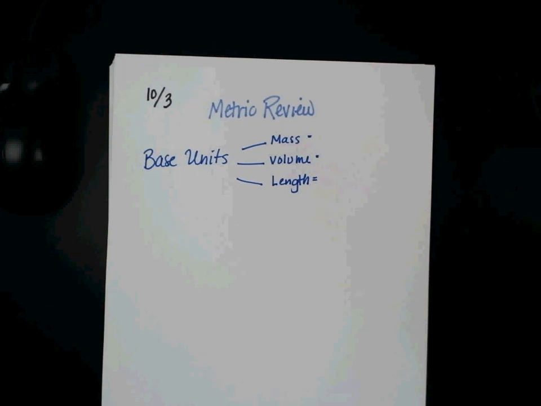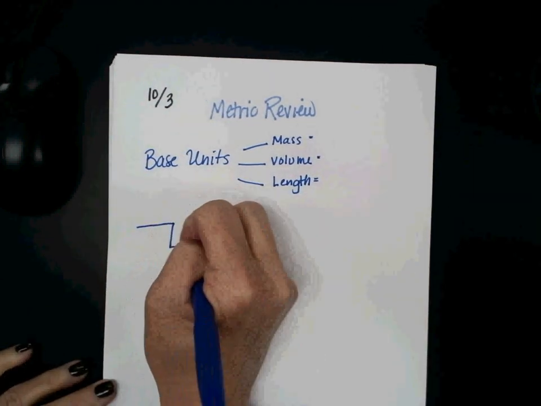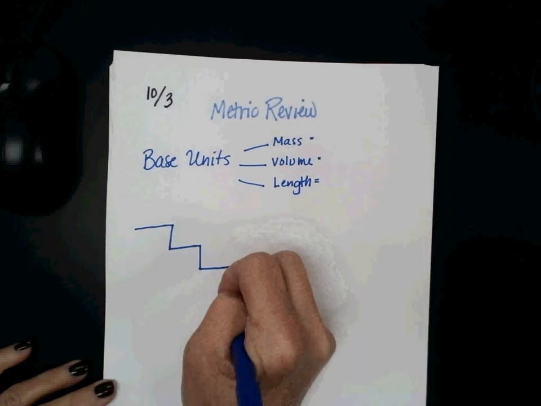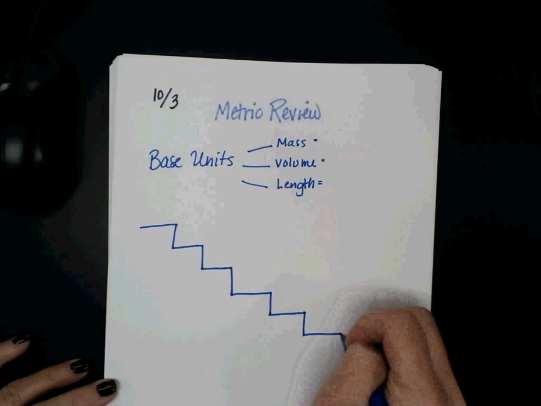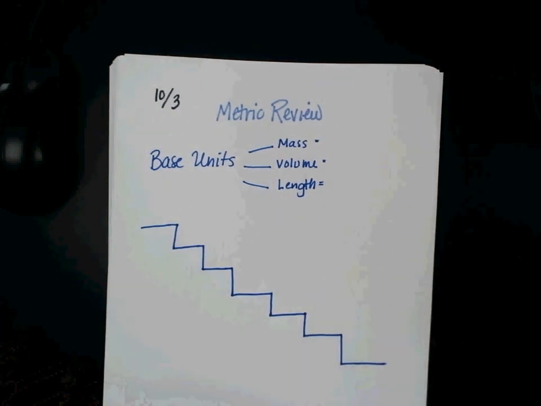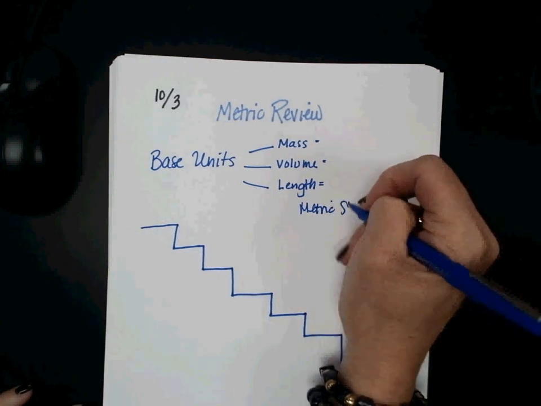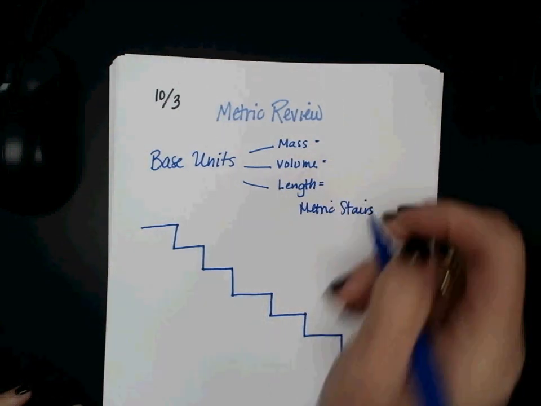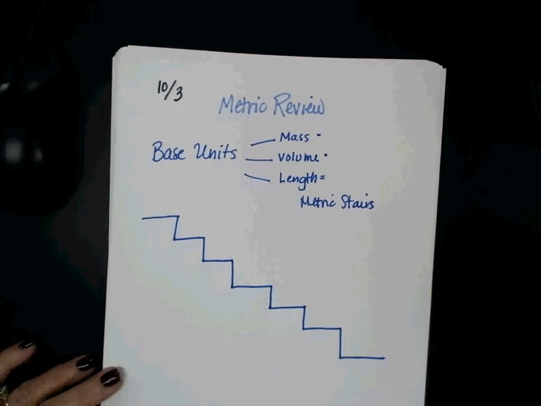How about if I draw this? And these are called the metric stairs. And let's put in our prefixes, our normal prefixes, the ones you normally see.